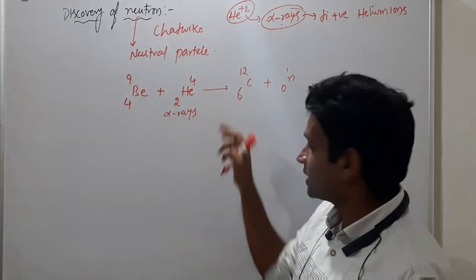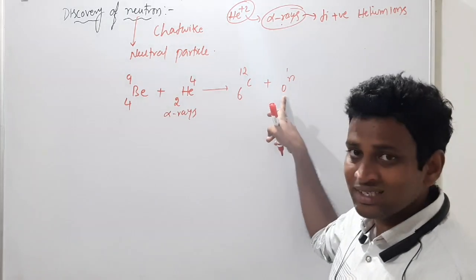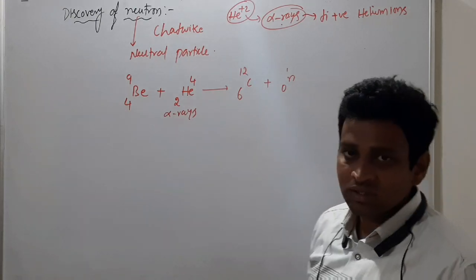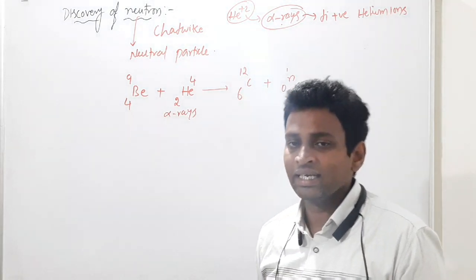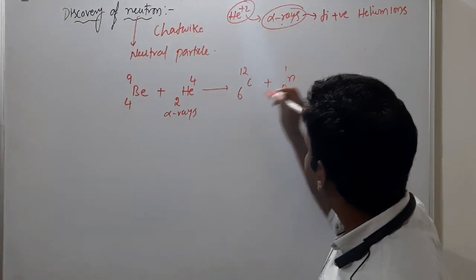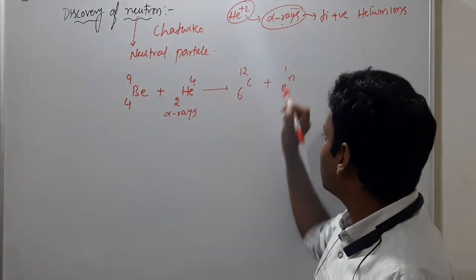Total 4 plus 2, 6. So there is no atomic number like that, and no charge also. If electrons were there, then you would have an atomic number like that. So 0 and 1 here. Why 1? See, 9 plus 4, 13. So here 12 plus 1, 13.